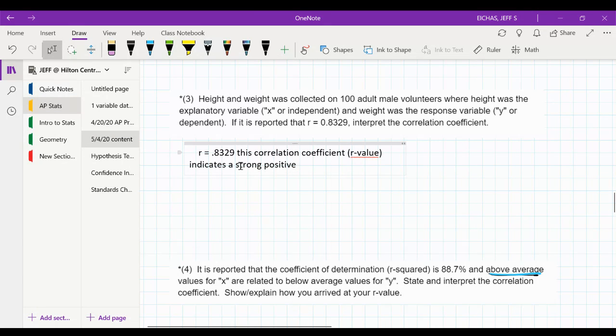Your choices are strong, moderate, or weak. You have to give the direction, positive or negative. And you have to say linear relationship. If anything is missed, it's typically that the linear is left out. So make sure that you include that word.